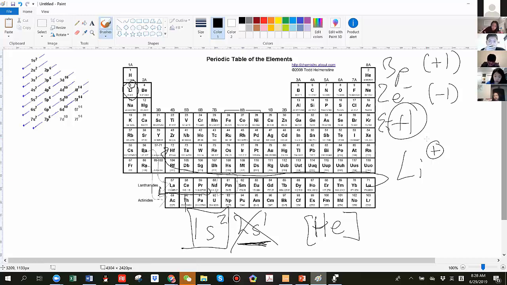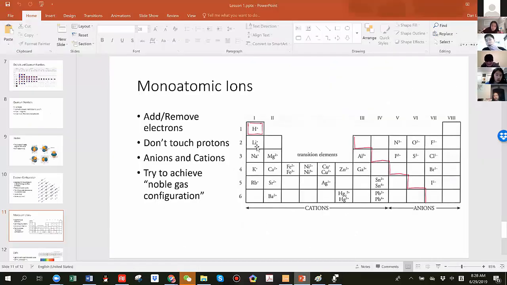So I had a picture of this. Notice all of the elements in the same group, at least for the main group elements near the edges of the periodic table, tend to form the same ions. Let me annotate this.